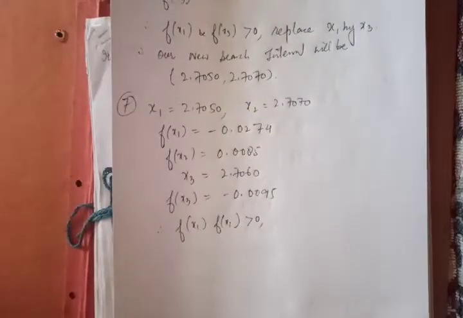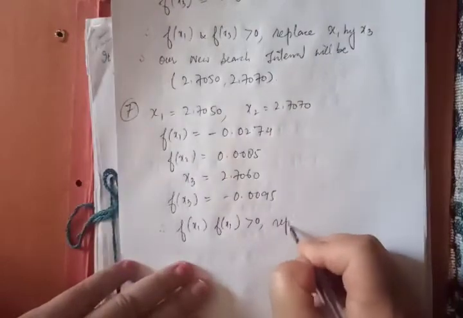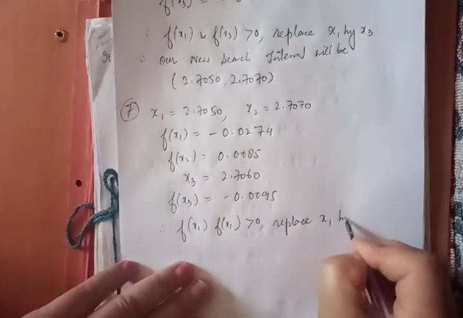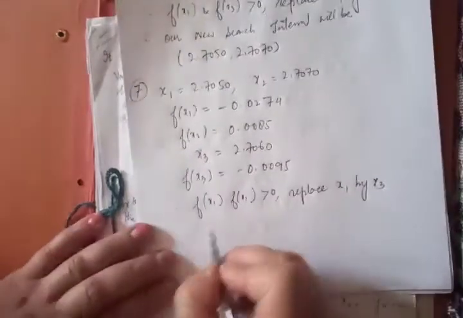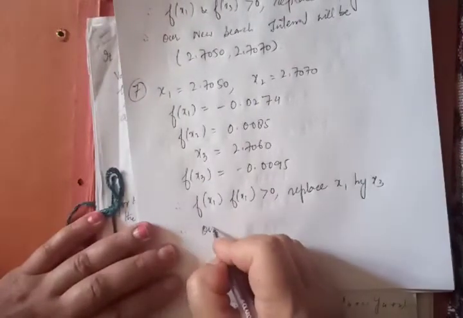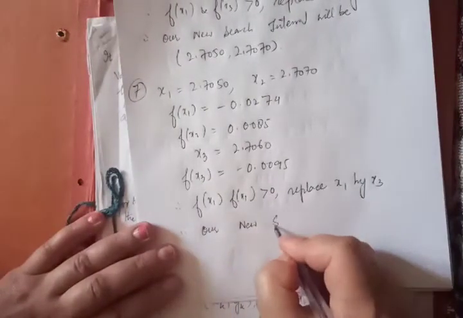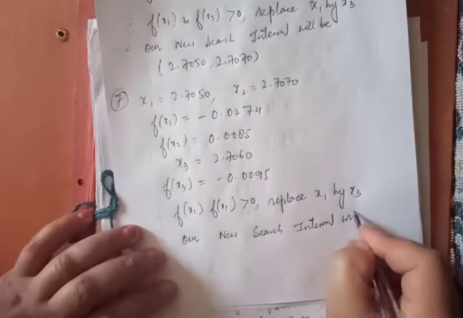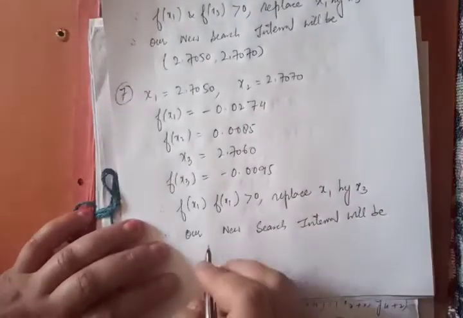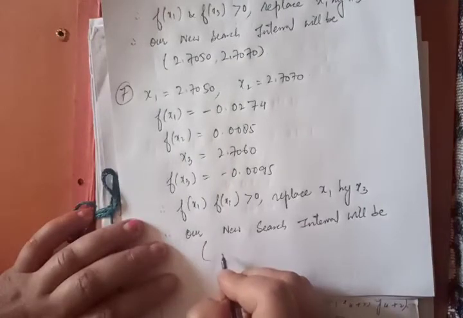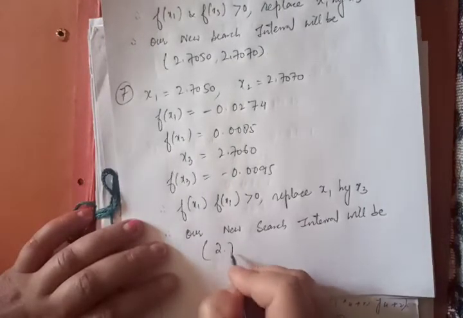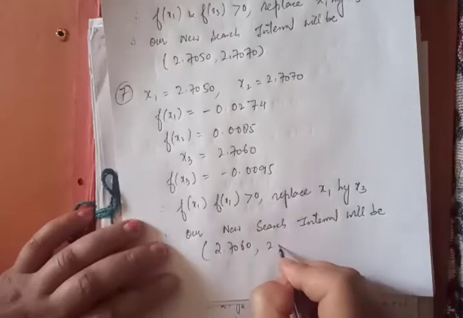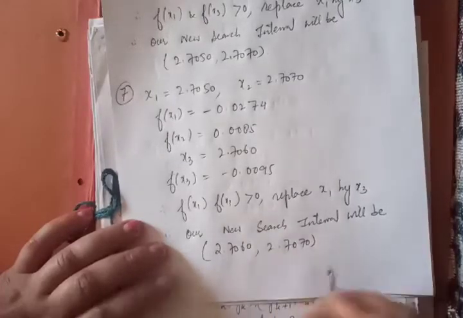Obviously it will multiply that, so we have to replace x1 by x3. So therefore our new search interval will be x1 को रिप्लेस करना है, so 2.7060 and 2.7070 would remain as it is.